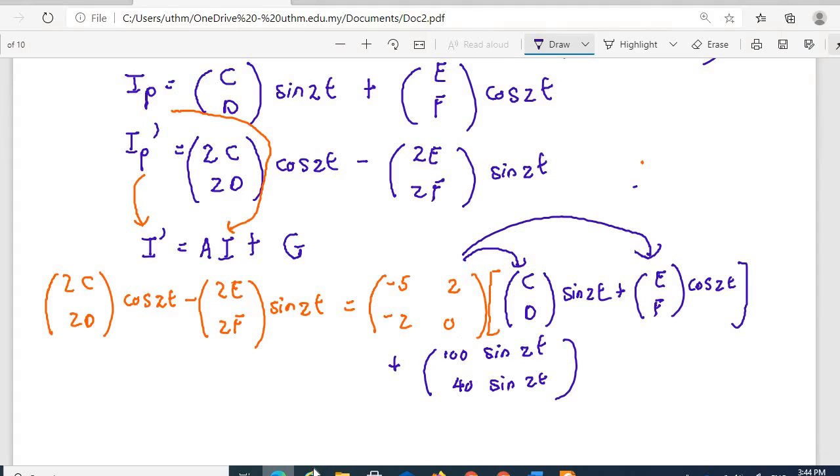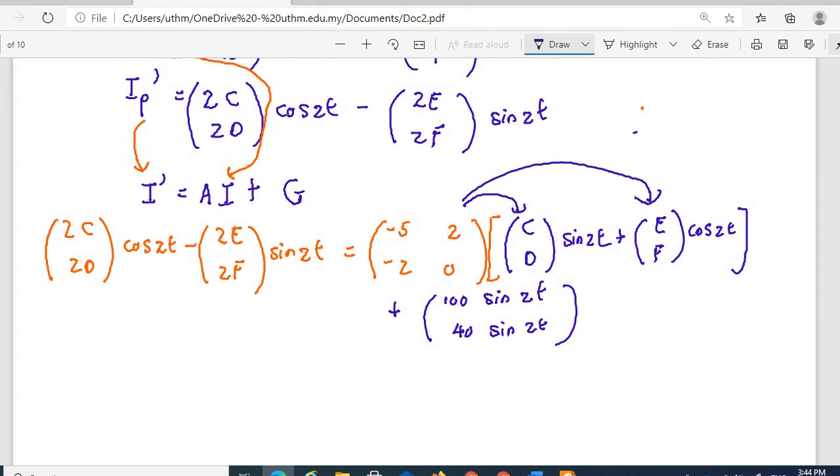So you may expand the right hand side first.